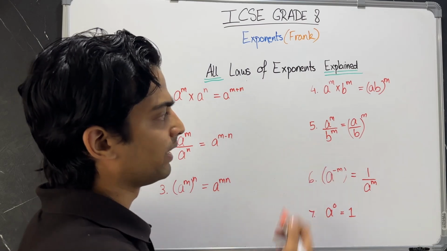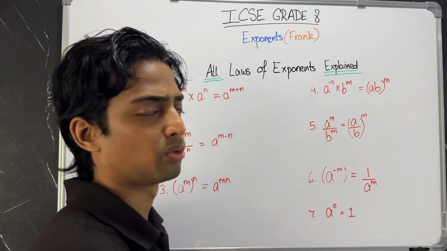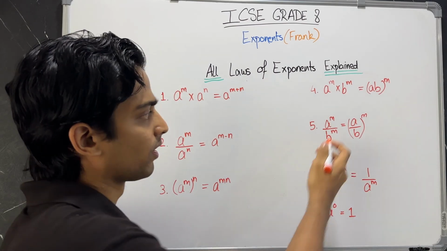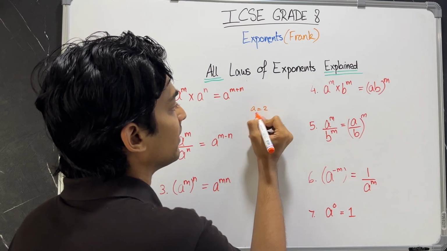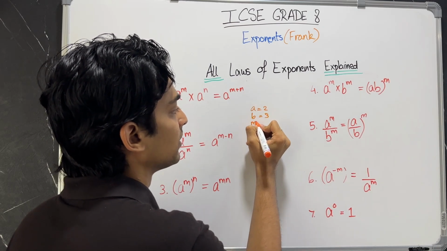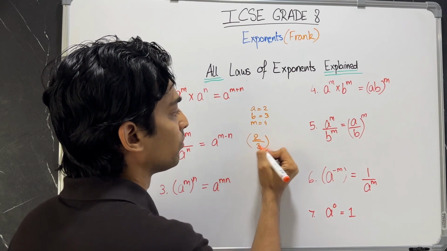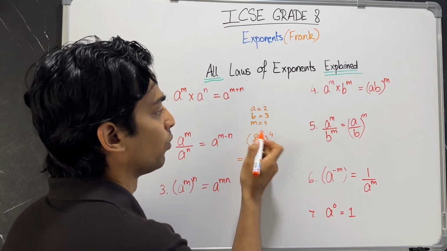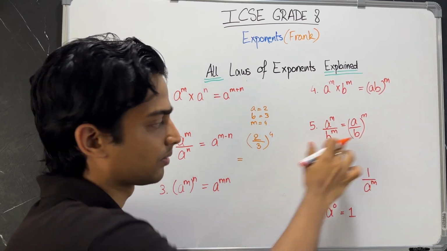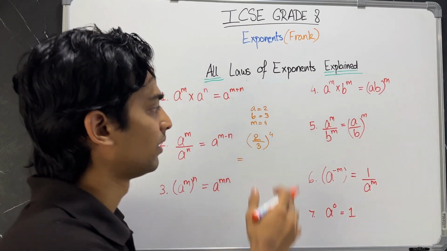A raised to m upon b raised to m equal to a upon b the whole raised to m. So same logic. Let a is 2, b is 3, m is 4. So we'll write 2 upon 3 the whole raised to 4. Now this is the RHS. This whole thing is getting multiplied by itself 4 times.